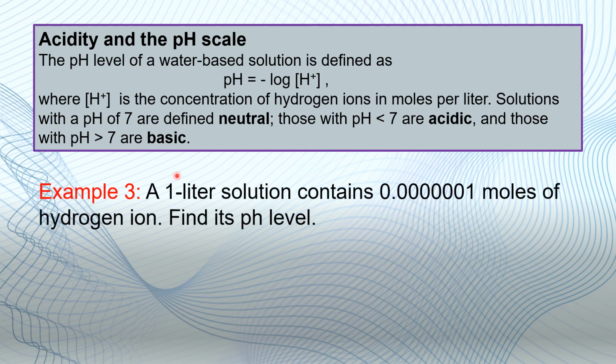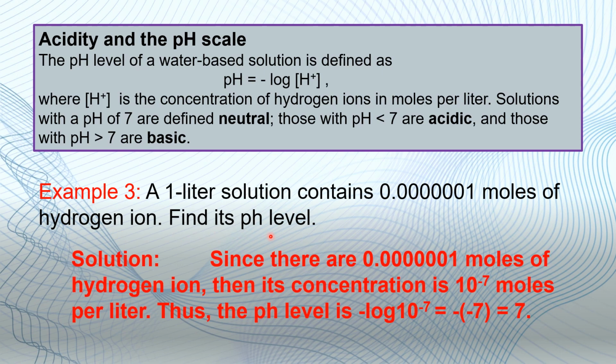Let's have an example. A liter of solution contains 0.00000001 moles of hydrogen ion. Find its pH level. So, the solution. Since there are 0.00000001 moles of hydrogen ion, then its concentration is 10 raised to negative 7 moles per liter.